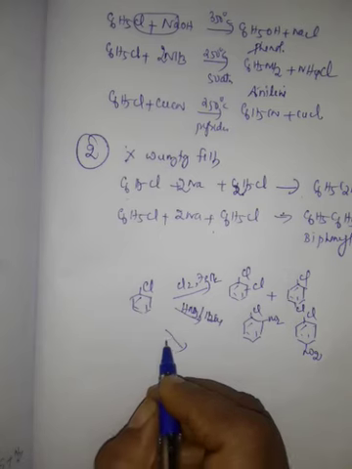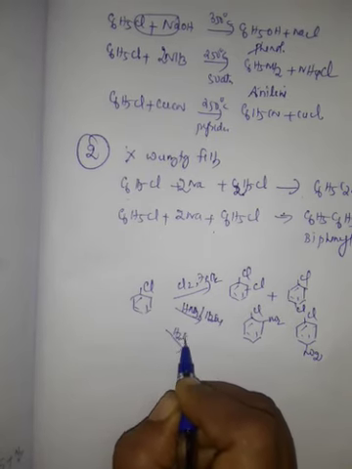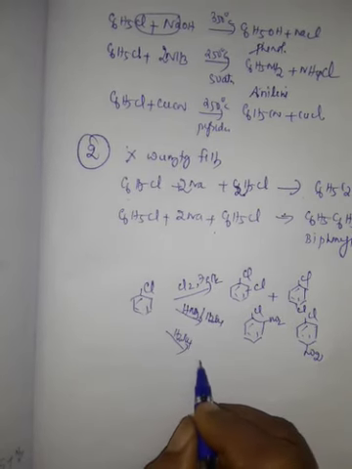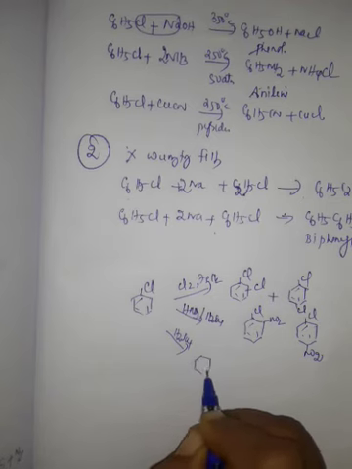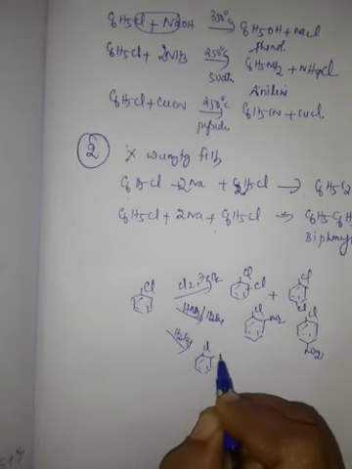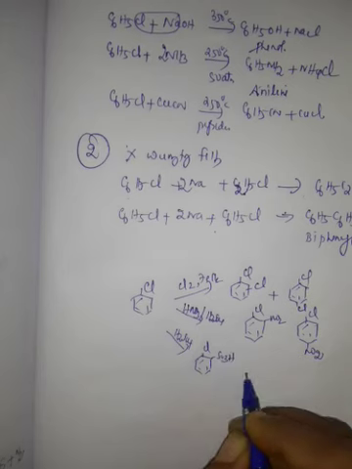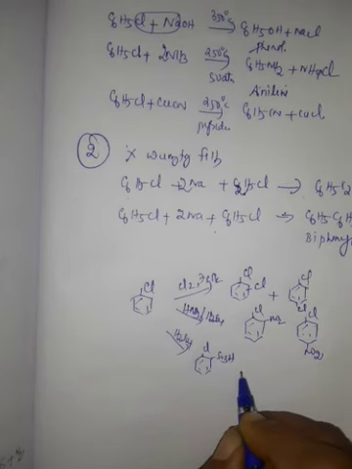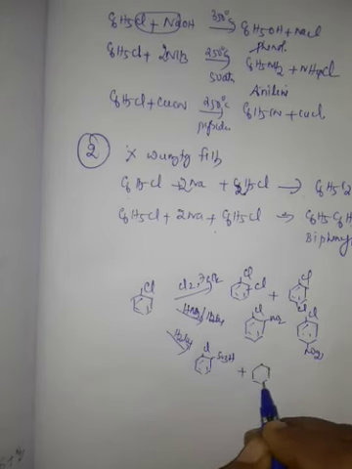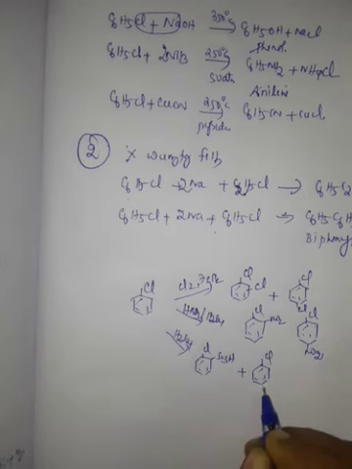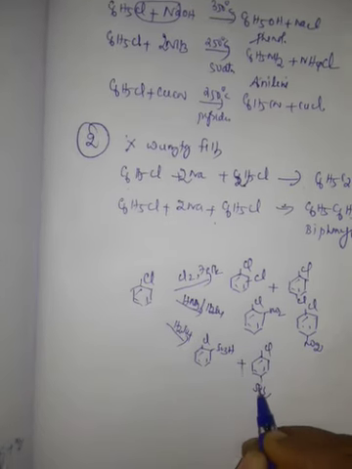When treated with fuming sulfuric acid, this reaction is called a sulfonation reaction. The SO3H group is in the ortho position, orthochlorobenzene sulfonic acid, and the SO3H group in the para position.